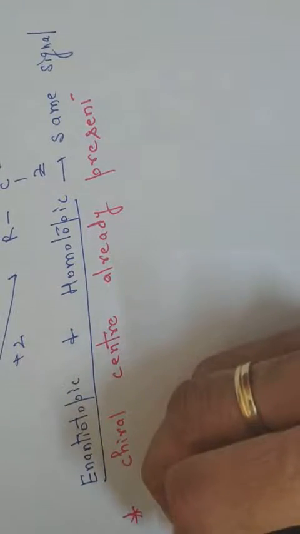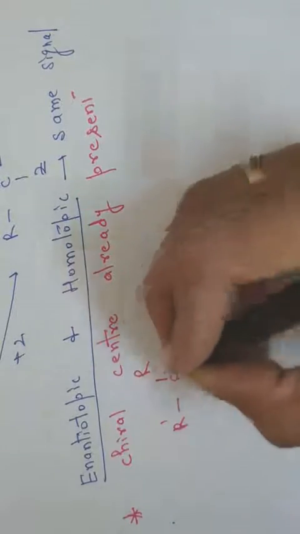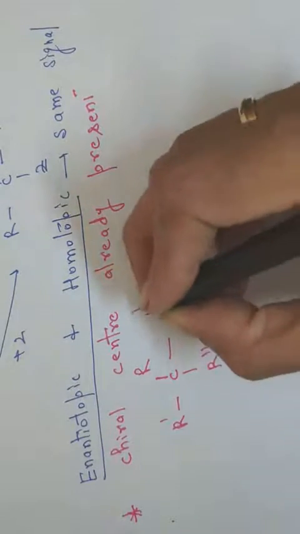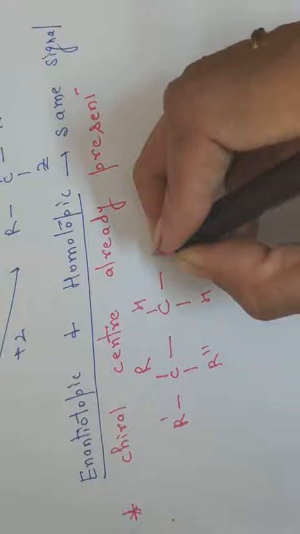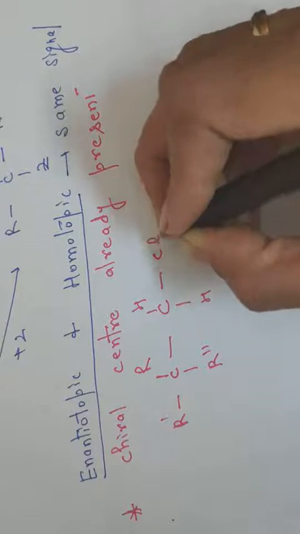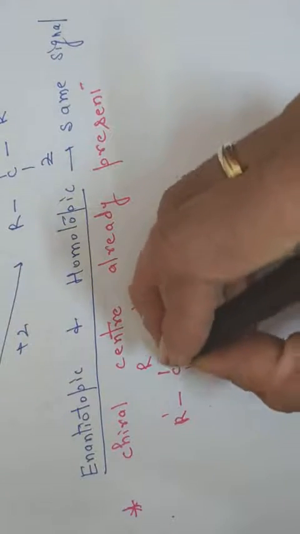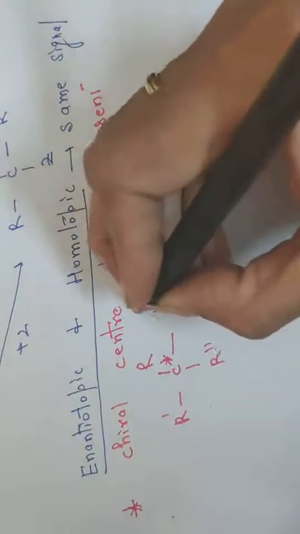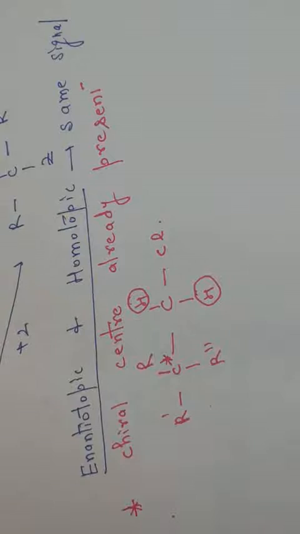Let us suppose you have something like this: R', C, R'', with C, H and H, and there is one other group, let us suppose Cl, present. Now in this molecule, a chiral center is present. You have to find out whether these two protons are diastereotopic or enantiotopic.